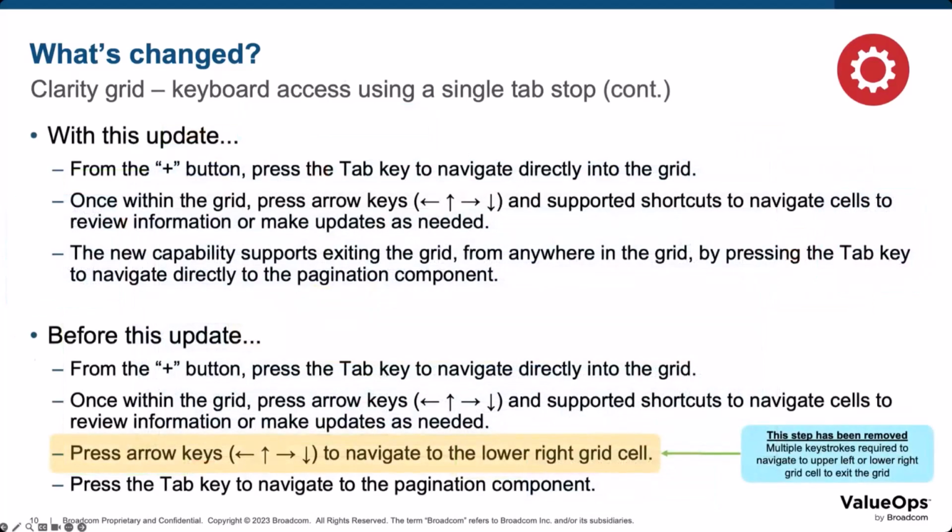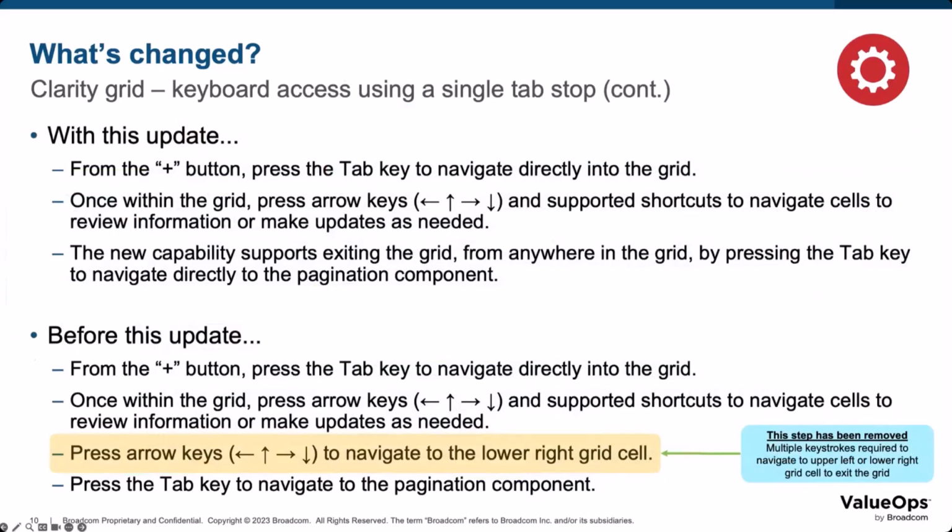This slide simply provides a little more information related to that keyboard access using a single tab stop to enter and exit the grid. So once within the grid, the user would simply press the up, down, left, right arrow keys and supported shortcuts to navigate to cells, and then review the information and make the updates as needed.